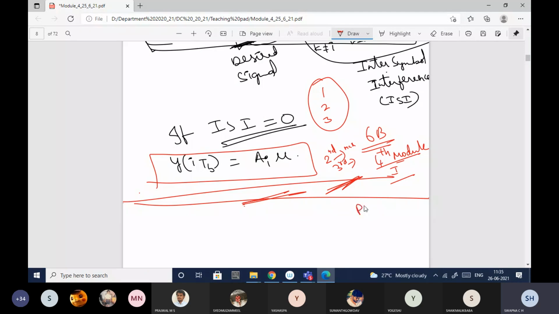Until here, in the sense, hardly I have done 2 topics. That is the digital PAM, the block diagram representation and its explanation, and this derivation for ISI. These are the 2 things I have done in this module, so you'll have until here. Anybody want me to repeat?